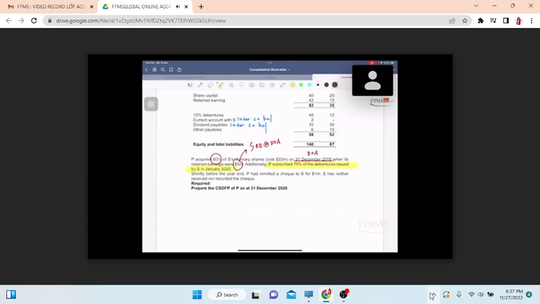Of course, from a consolidation point of view, it means I subscribed to my own debenture. So this is not valid. You need to remove it. So how to remove it? To remove this, you need to think where is the original account.